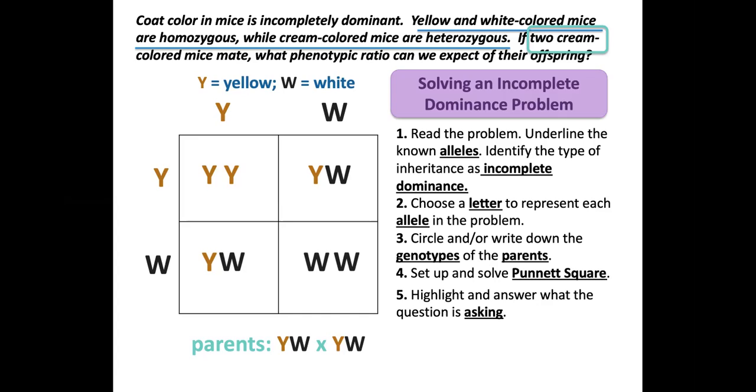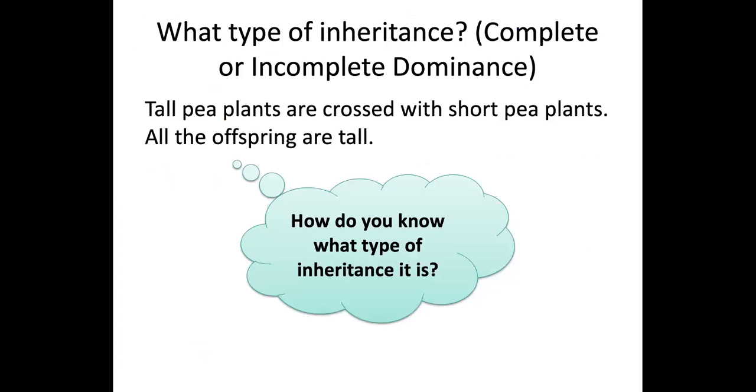So what's my ratio going to be? One to... perfect. Okay. One yellow to two cream to one white. Everybody follow? So this is just like we did yesterday. One out of four, 25%. One out of four, 25, and two out of four, which is 50.